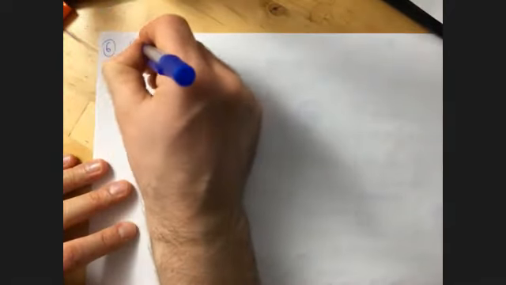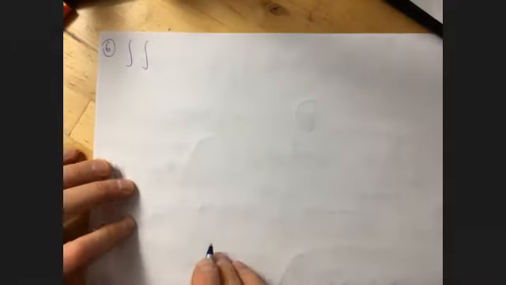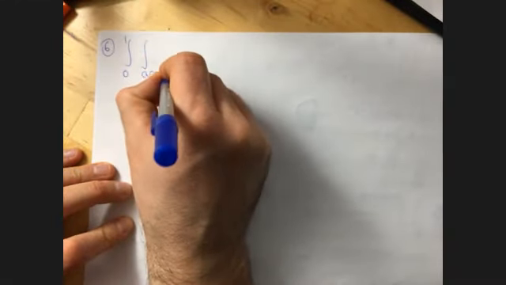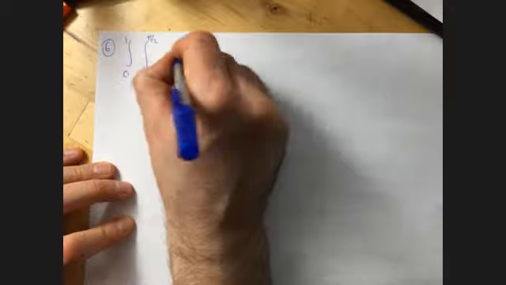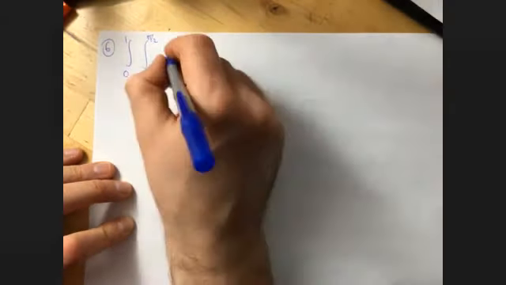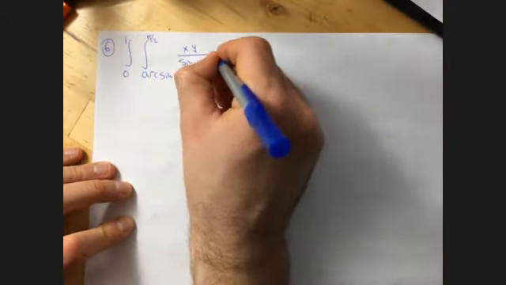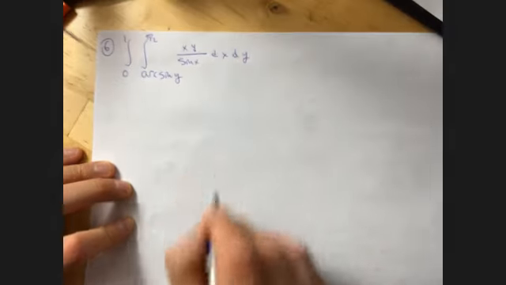Okay, so problem 6. A double integral from 0 to 1, arc sine of y to pi over 2, here I have xy over sine of x dx dy.